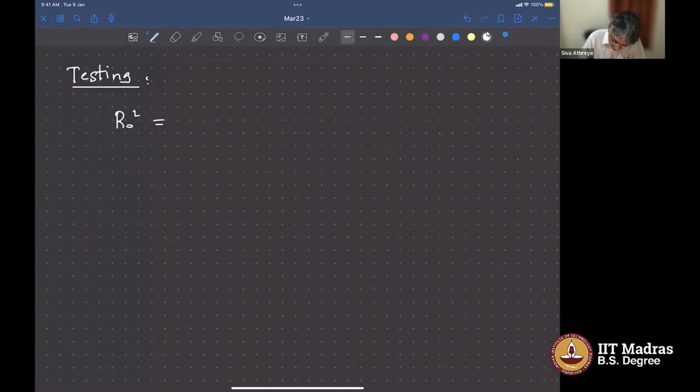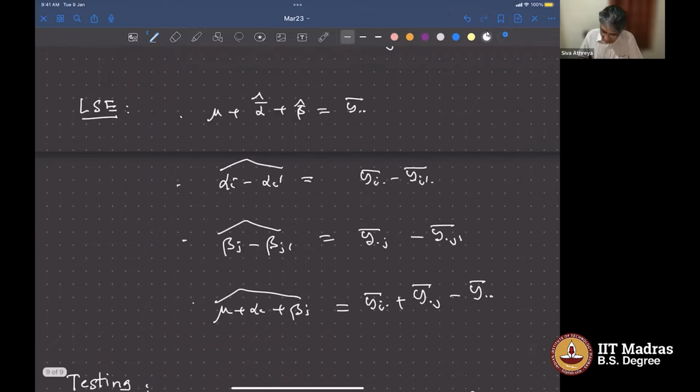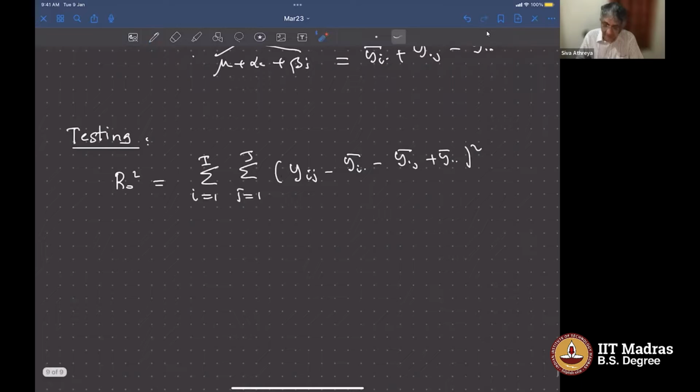So it's the sum from i equal to 1 to capital I, sum from j equal to 1 to capital J, of my observations y_ij minus the estimate: y_i dot bar minus y dot j bar plus y dot dot bar, whole squared. That's what the estimate is. The mu plus alpha_i was this, so I just put that in there. So if I have this minus this, the plus sign comes here.